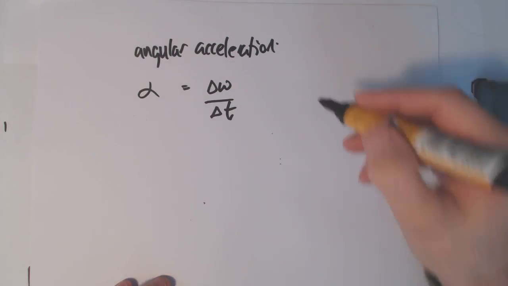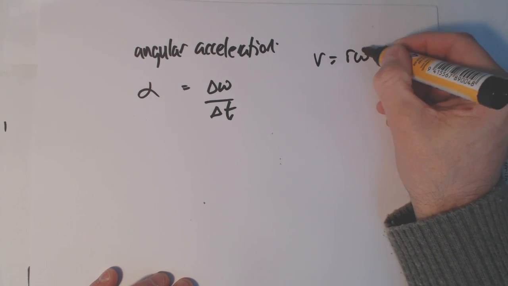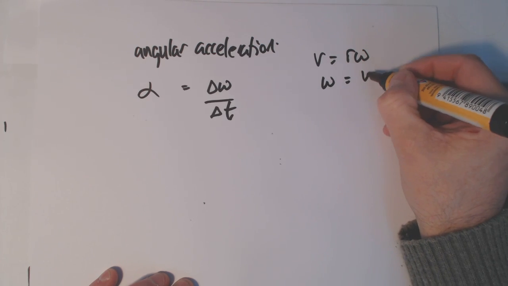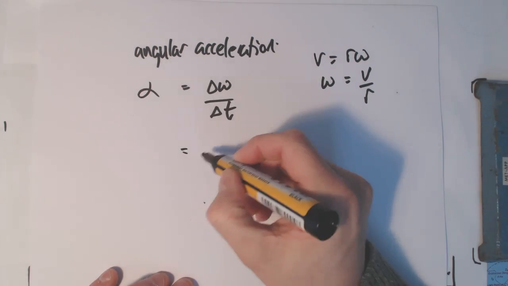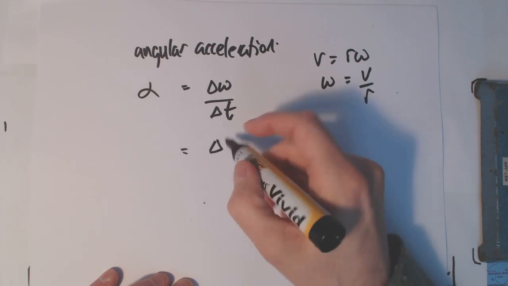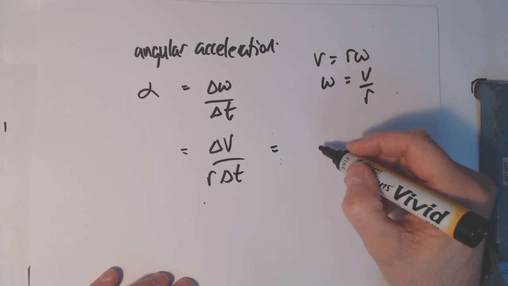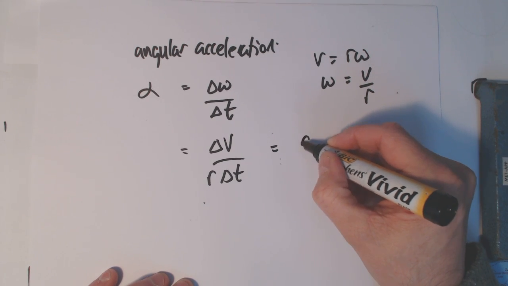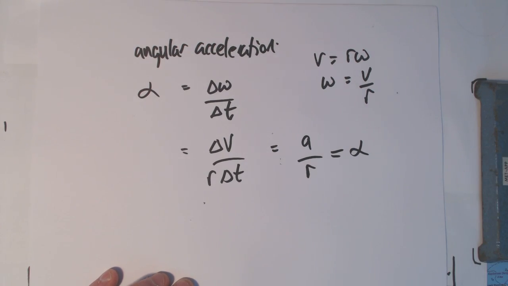We said that v equals r omega, so omega equals v over r. If we substitute there, instead of our omega we've got delta v over r delta t, then we can see that that whole thing just equals acceleration over r, which is equal to alpha.